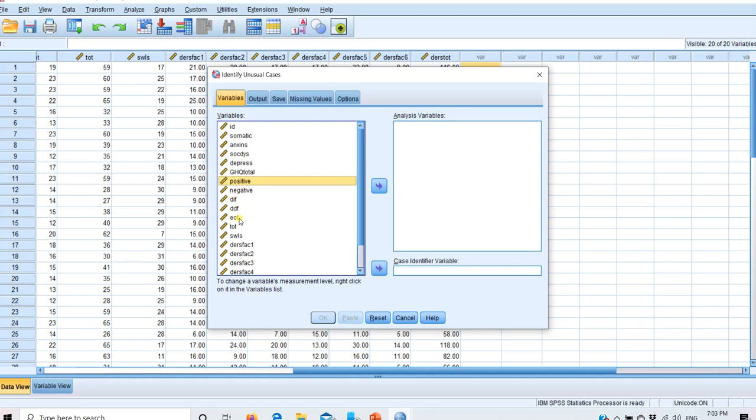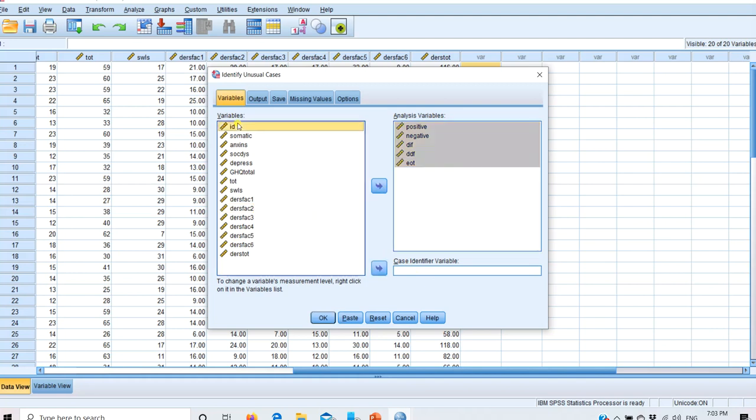So we are having 5 variables. These are the 2 variables and this 3 variables from alexithymia. We will move this, and then some identifier variables should be there. How we will identify that which case is the unusual case, whose pattern is different.